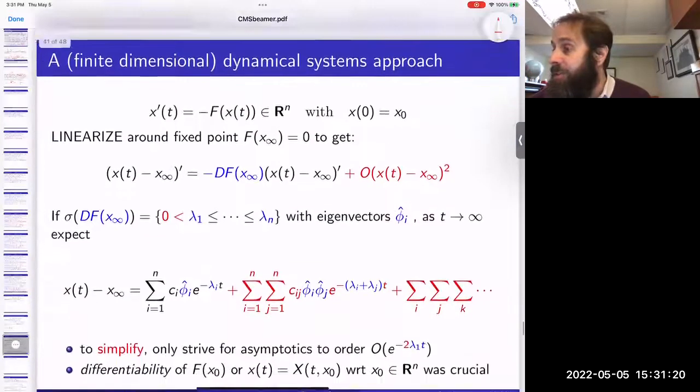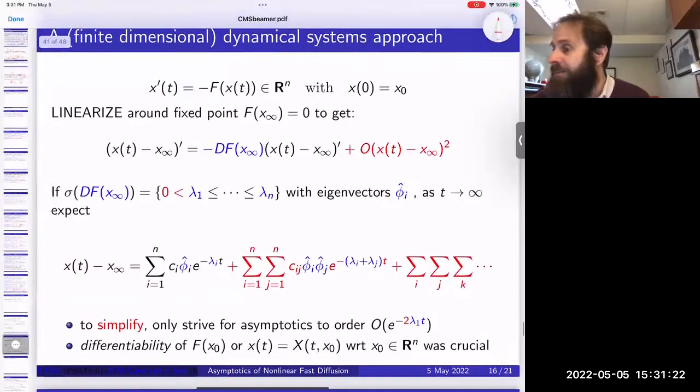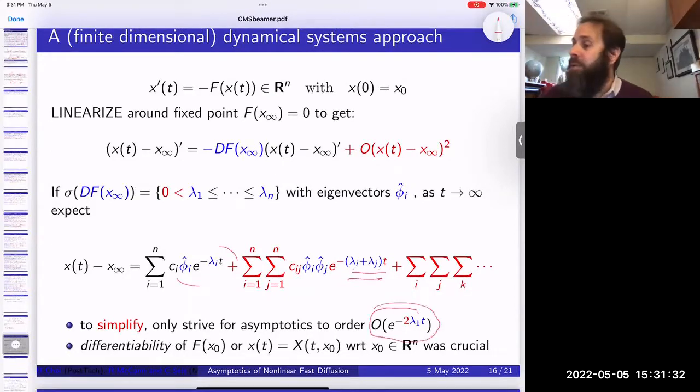And then the corrections, because the nonlinearity is smooth enough, are going to be of the form products of this stuff. So the first correction is going to occur at lambda 1 plus lambda 1, which is order 2 lambda 1. And so the point of being able to double the rate is that up to double the rate, you can ignore these higher order effects of the nonlinearity. If you want to penetrate further into the spectrum than this, you have to start taking these terms into account.